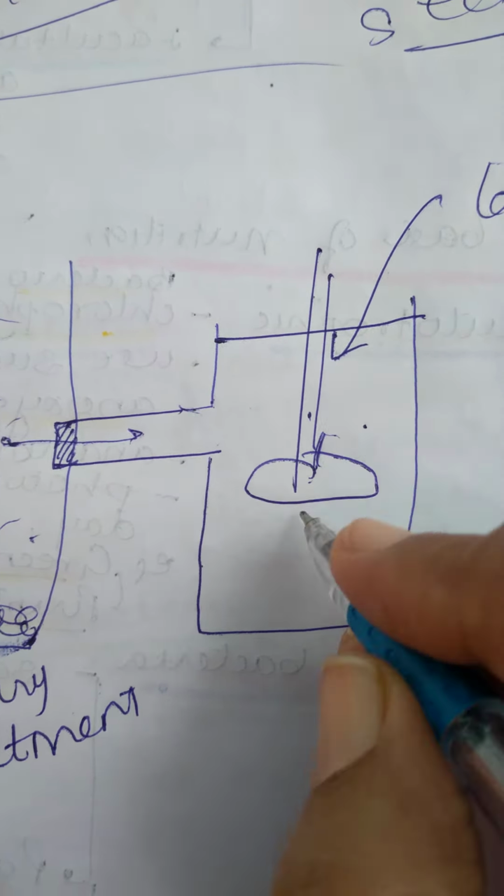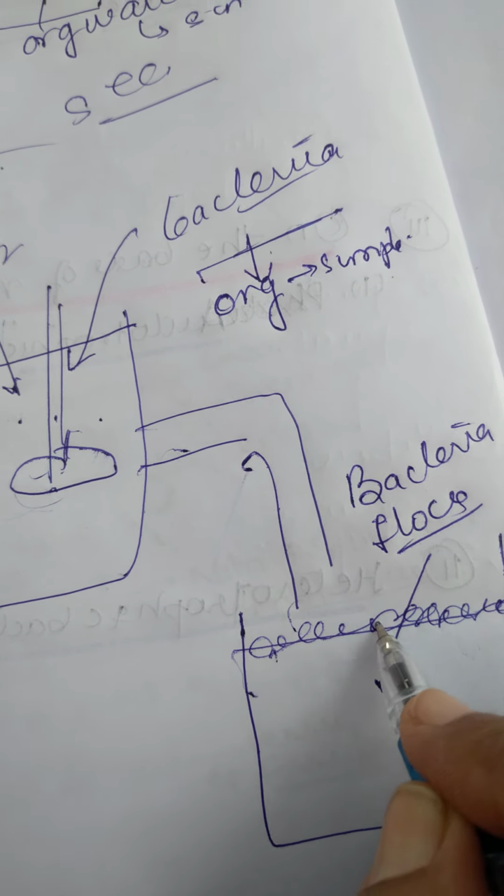Then the water from this tank is again pumped into another tank, and in this some bacteria are added. These bacteria act as flocks. You must have seen when mama boils the milk, on top of the milk, when it cools down, a layer of cream is formed, malai. In the same way, a malai is formed over here also by bacteria, but this is not malai, okay?